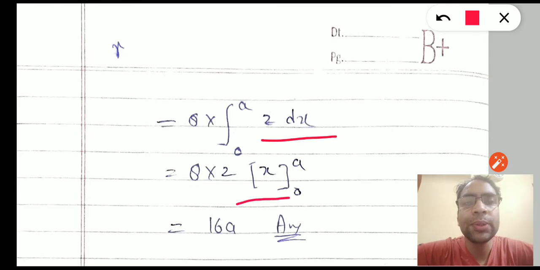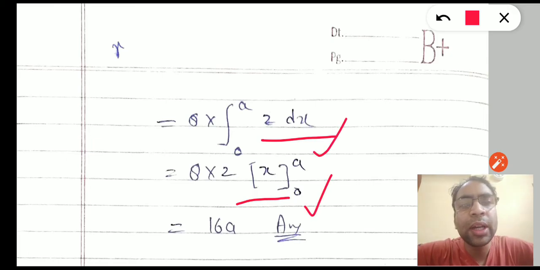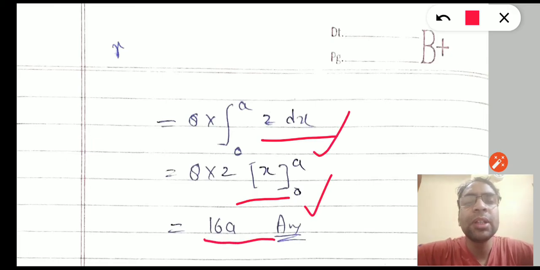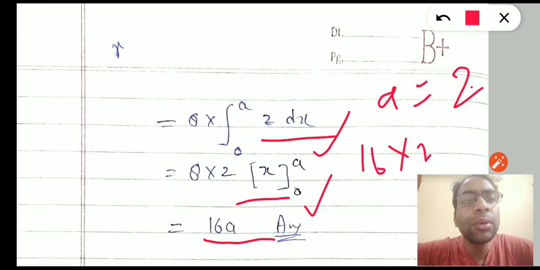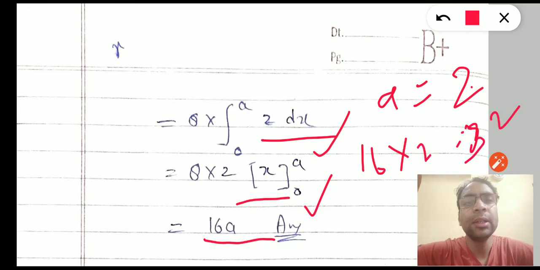Again a constant value, so we have x. Now we apply these lower and upper limits, so this comes to 16a. In our question, the value of a was 2. So now this will be 16 into 2 is 32. So we have the final answer as 32.